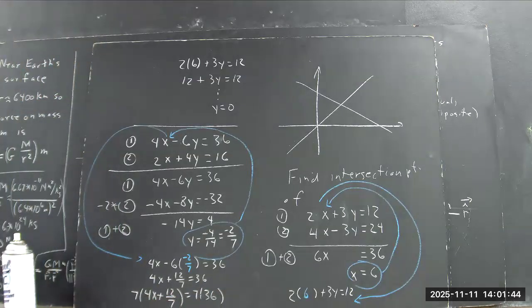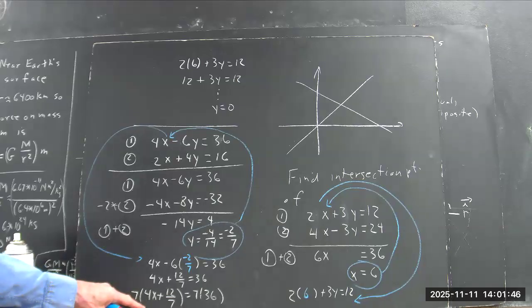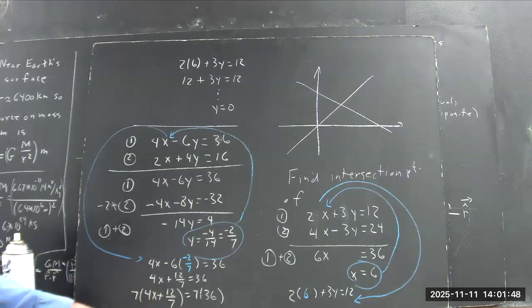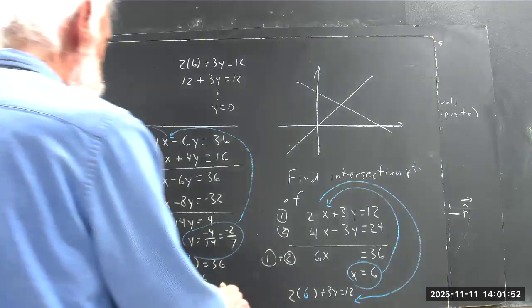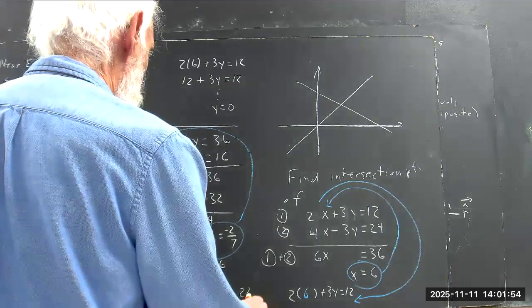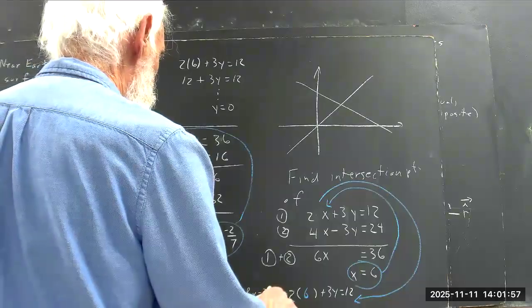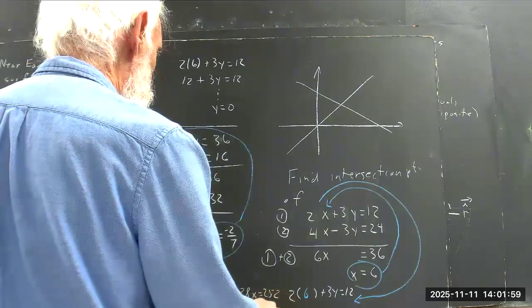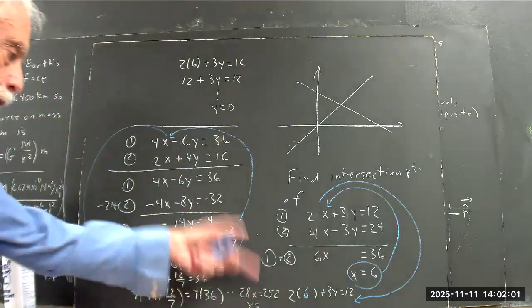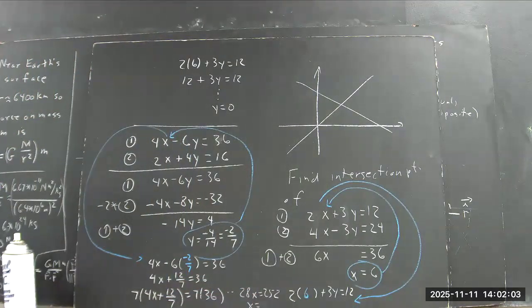And you get this, which gives you 28x plus 12 equals 252. And x equals 252 over 28, if I've done that right. And then you check and make sure it's right.